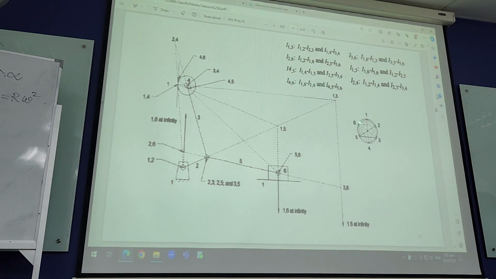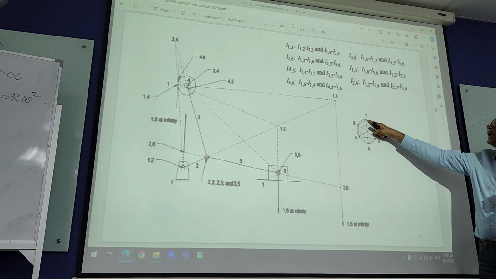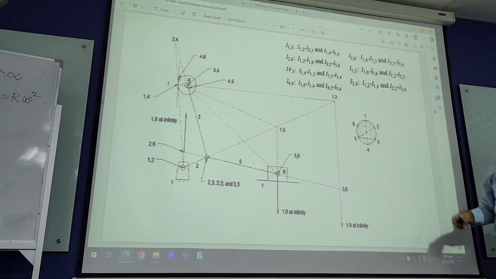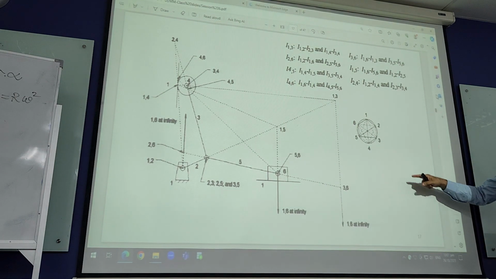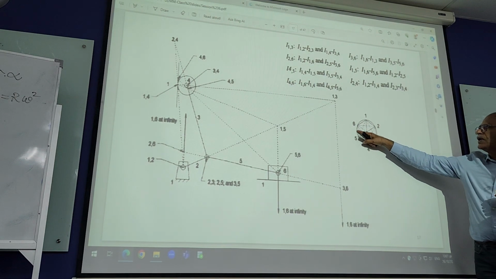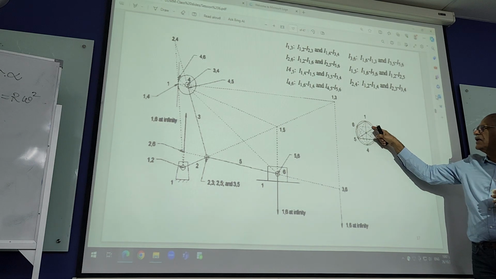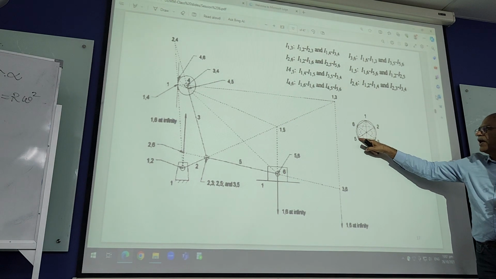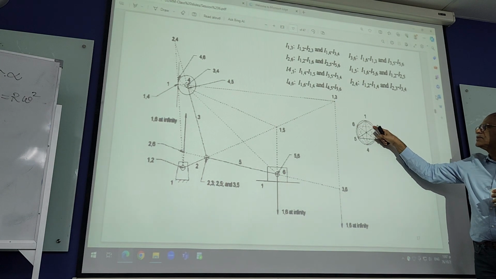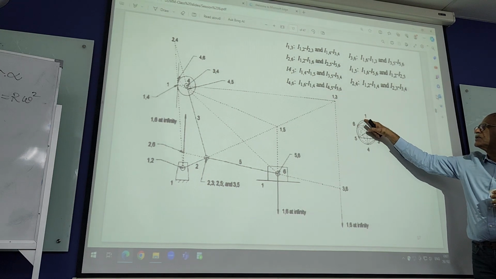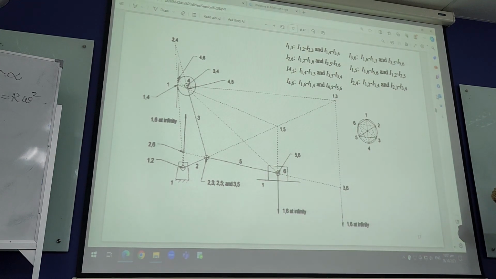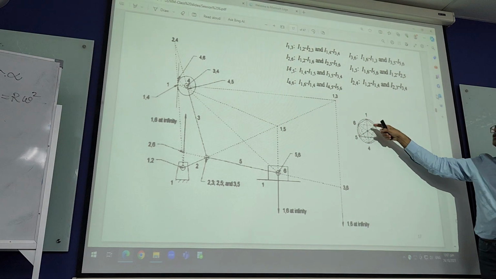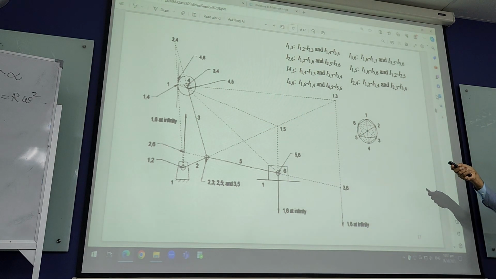Okay, so 2, 6 is now common to 1, 2, 1, 6. Okay, then 2, 5, 5, 6. So this dash line is the triangle for this triangle and also this triangle. So now you have to link to find out 2, 6.